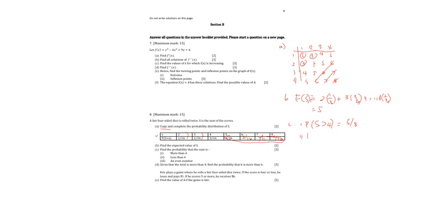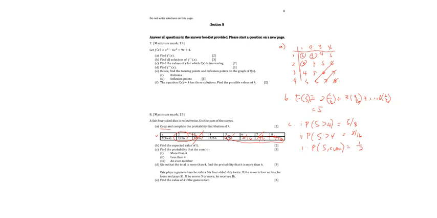And for probability of S less than 4, so we get this 3 out of 16. And the probability that S is even, so even for here, here, and this one. So adding that up and simplifying, it's equal to 1 half.